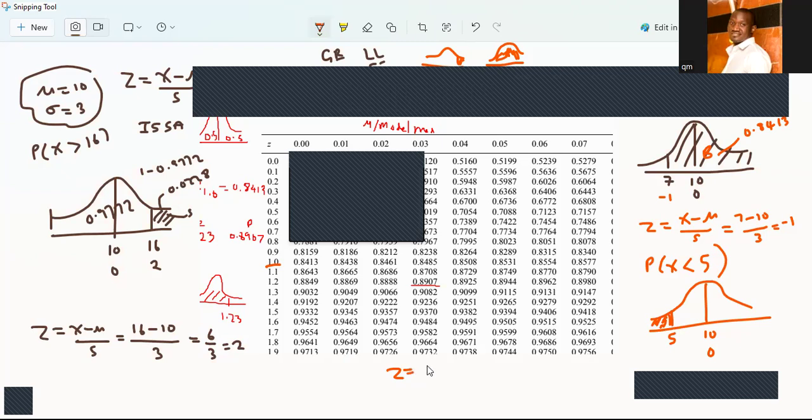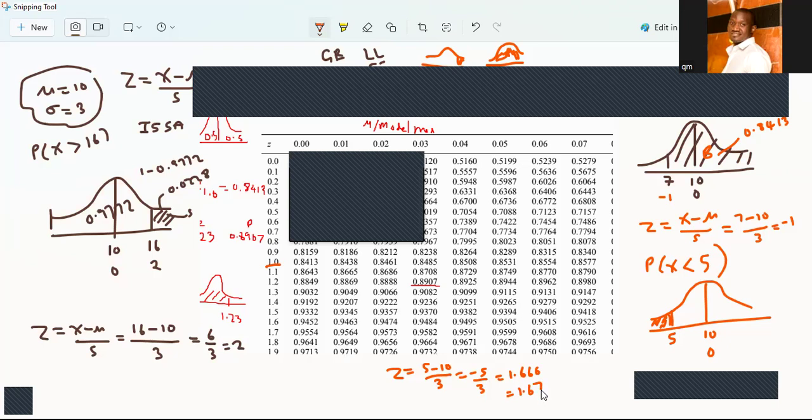So what is our X in this case? 5. 5 minus 10 over 3. 5 minus 10 is negative 5. Negative 5 divided by 3, what do we get? 1.666. Since we only read to 2 decimals on Z, we round off to 1.67.